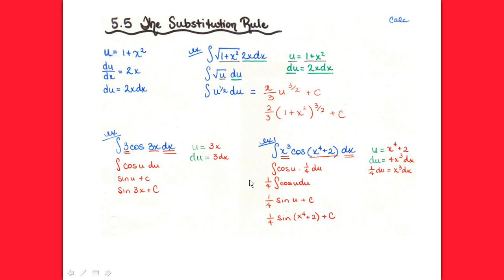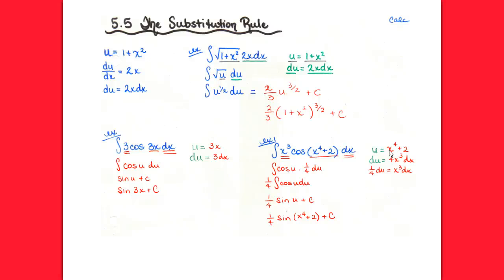That's accomplished by changing from the original variable of x to a new variable u that is a function of x. So we switch this from being in terms of x to being in terms of u. The main challenge in using the substitution rule is to think of an appropriate substitution. Here are some things that we can do to maybe improve our chances of doing that correctly.